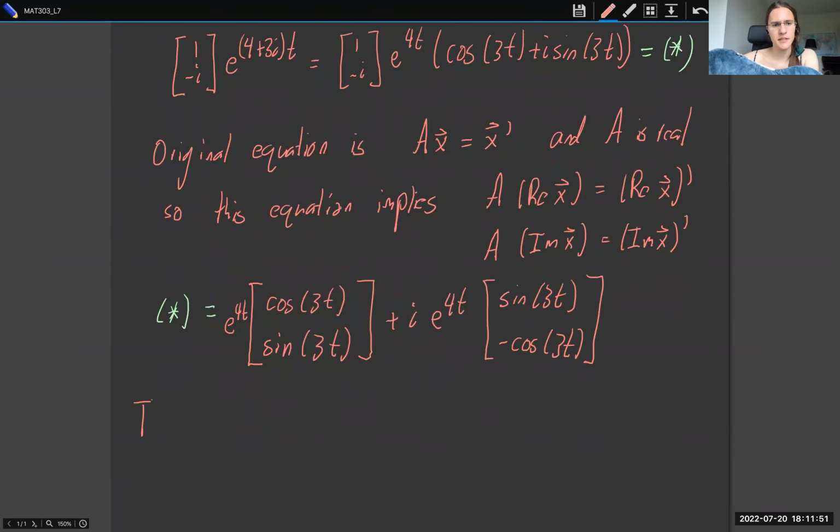Thus, e to the 4t, the real and imaginary parts individually are solutions.